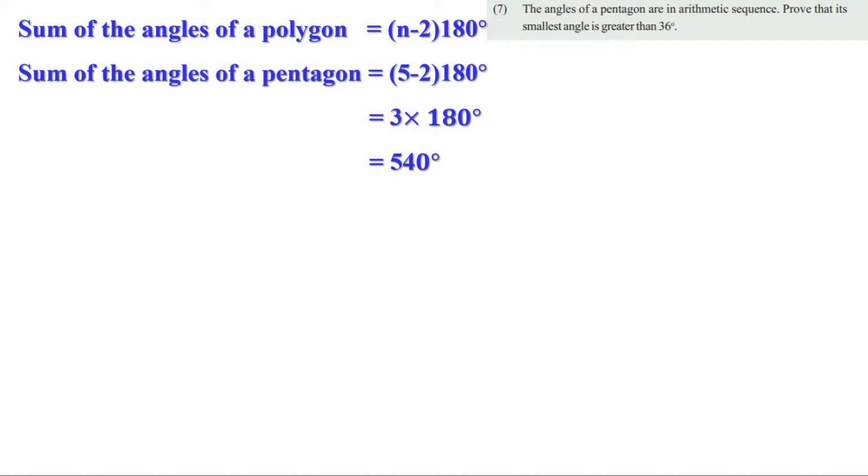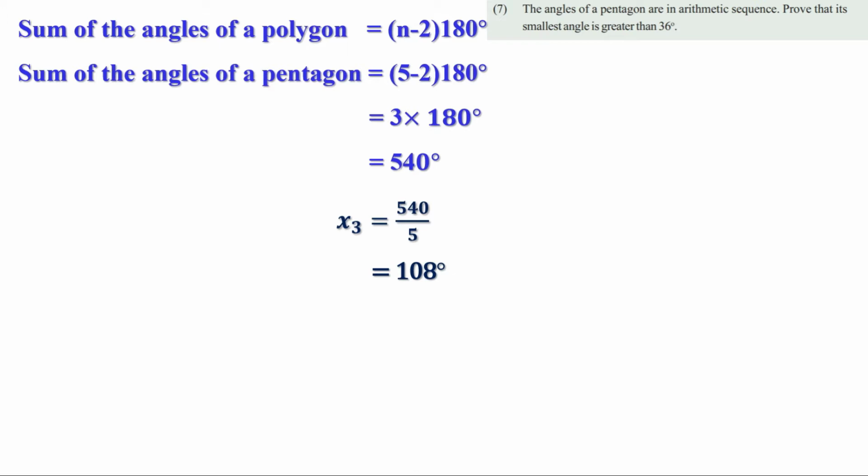Now when there are 5 terms, which is the middle term? The third term, right? Therefore, the third term equals 540 divided by 5, or 108 degrees. That is, the third angle is 108 degrees. Now first term plus fifth term is equal to second term plus fourth term, and that is equal to third term plus third term.